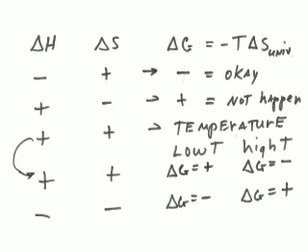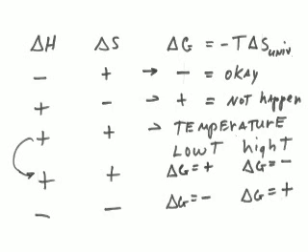If the signs of delta H and delta S are the same, we have a choice. It's neither always positive nor always negative. It depends. It depends on what? Well, it depends on which term is larger, delta H or T delta S. Delta H doesn't vary much under most conditions, but the entropy term depends directly on temperature. The higher the temperature is, the more the entropy term becomes important.